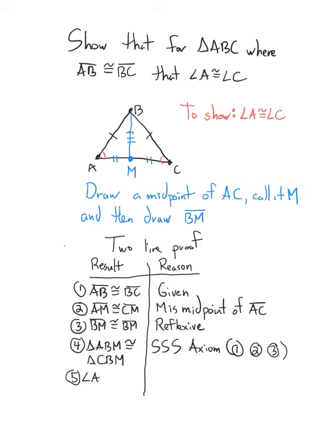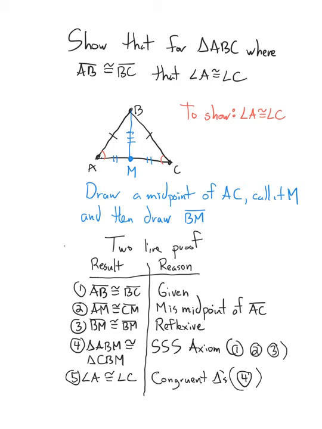I know that angle A is congruent to angle C, and that's what I wanted to show. And how do I know that? I know that from line 4, let's say by congruent triangles. And I know those triangles are congruent from line 4.